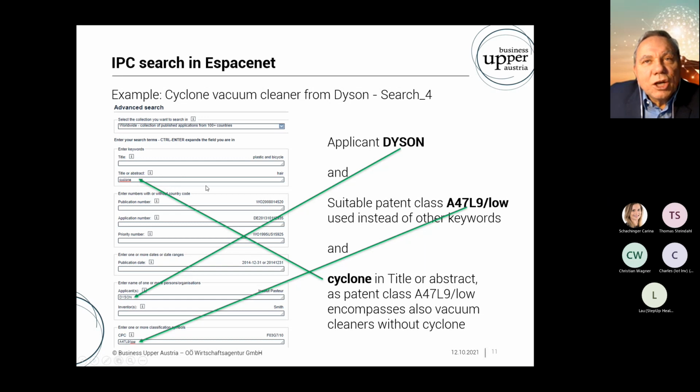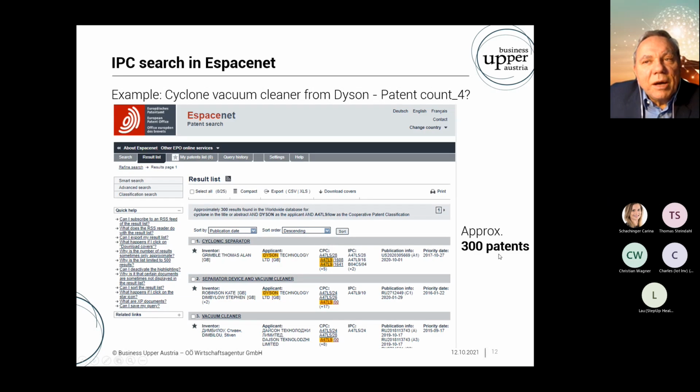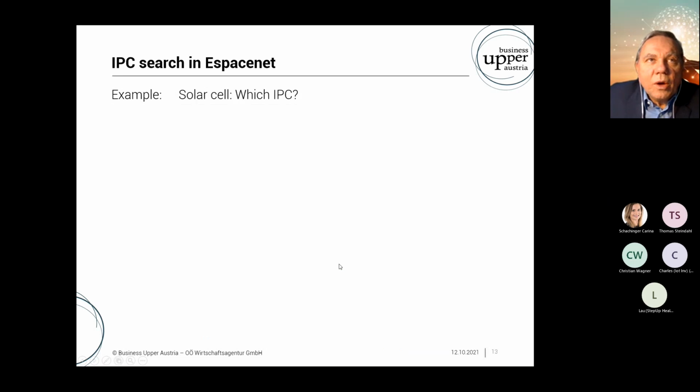And you will see the enormous difference, although still high. We are now talking not about almost 3,000 patents. We are talking about approximately 300. I have already told you this approximately always appears if it's a higher number of results. And if you go through the pages, you can reduce them, or you can get the exact number. So that's all now for the Cyclone vacuum cleaner.